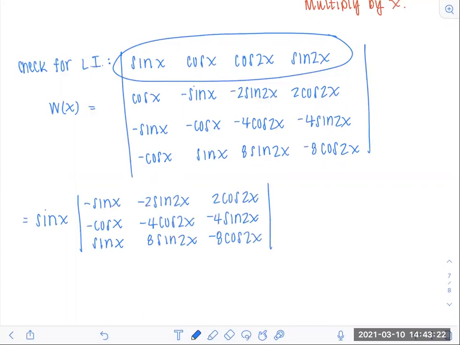And now we're going to move on to the next term. You would have minus cosine of x. And I think already we've bit off more than we can chew.